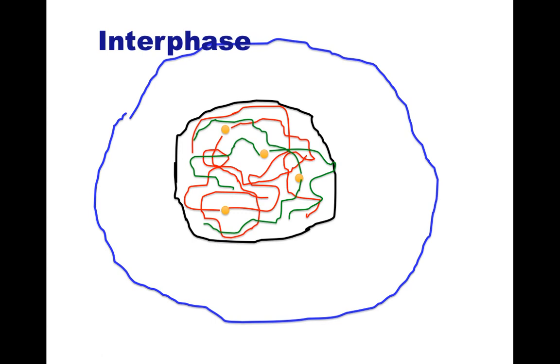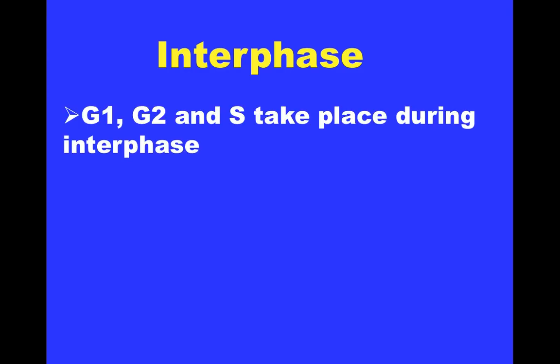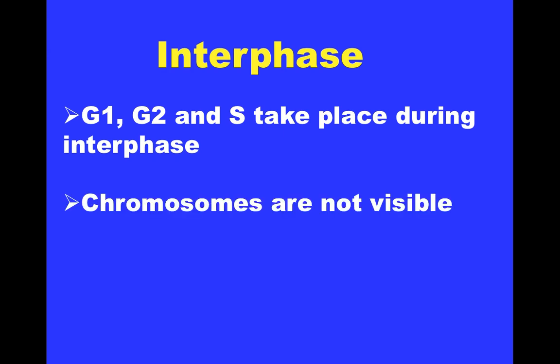Again, you can see all the different threads here just tangled together, looking like one solid ball at this point. When we talked about the cell cycle, our G1, G2, and S all take place. 3 of the 4 stages that we talked about in the cell cycle take place in interphase. Chromosomes are not visible.